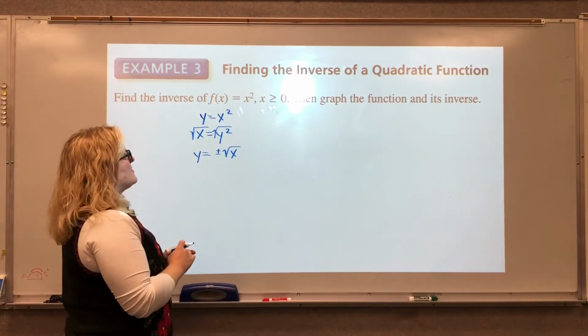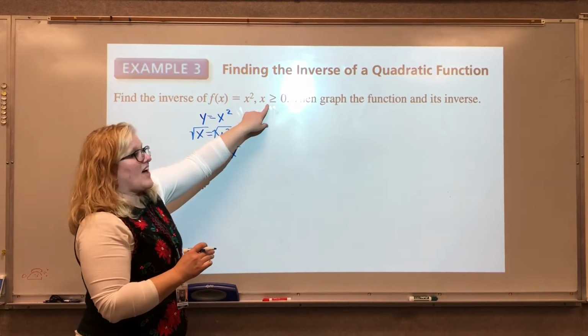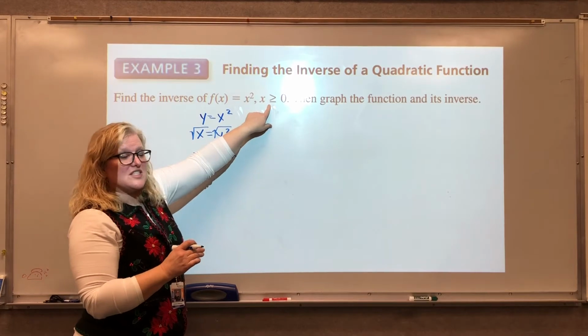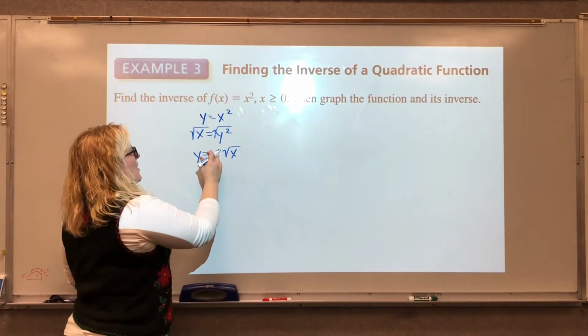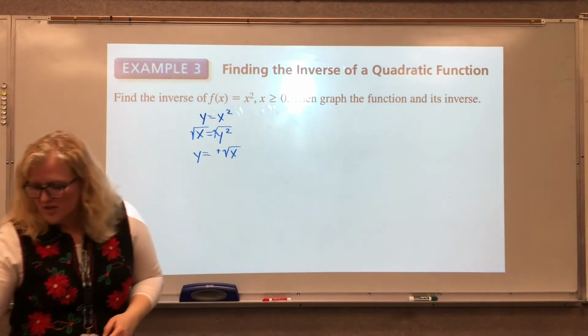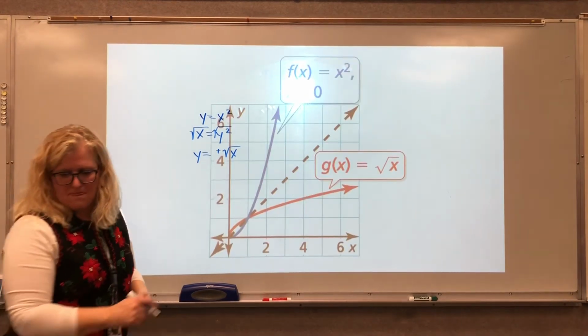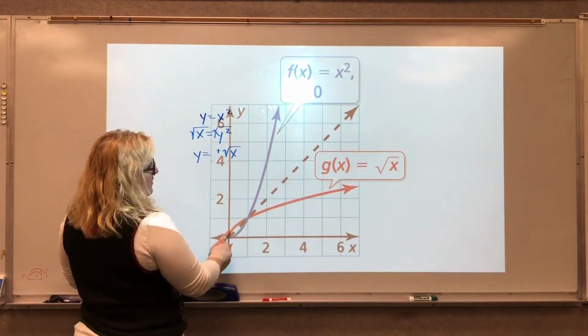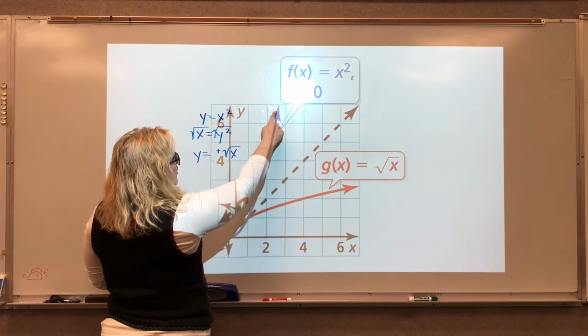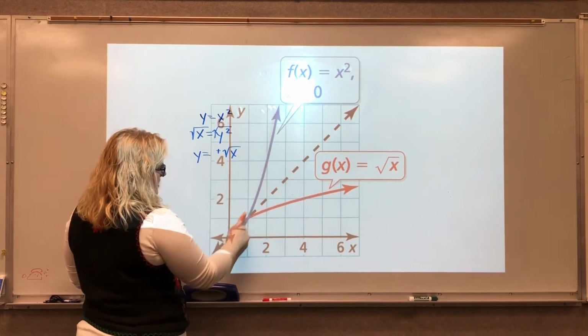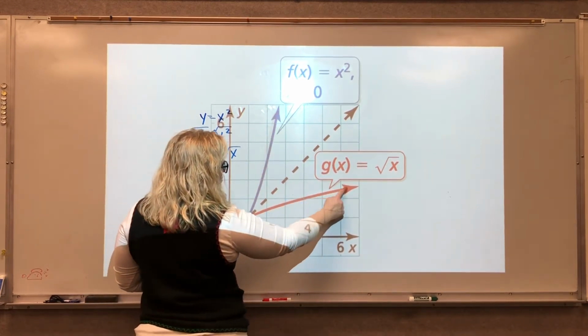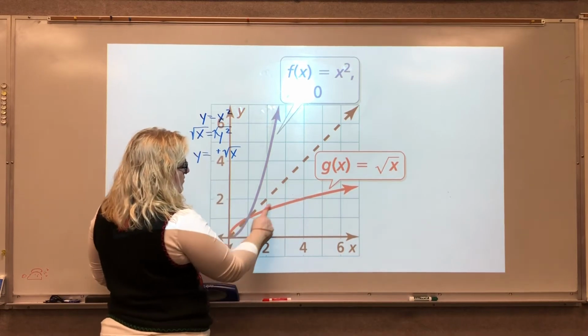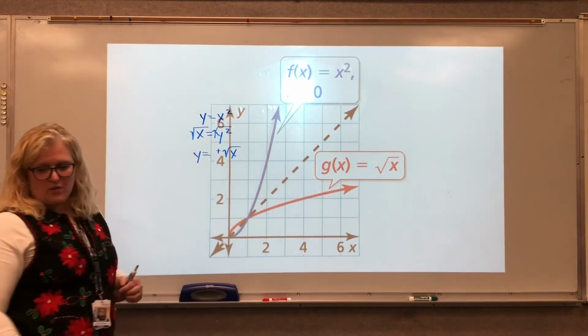Well, since we're only taking values of x greater than 0, this can only be positive. All right? So here's a graph. Here we have our x squared where it's only positive, and then we have this line right here where they're also only positive. So this is what that would look like.